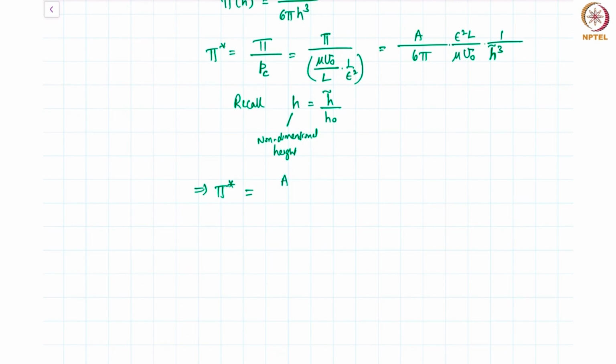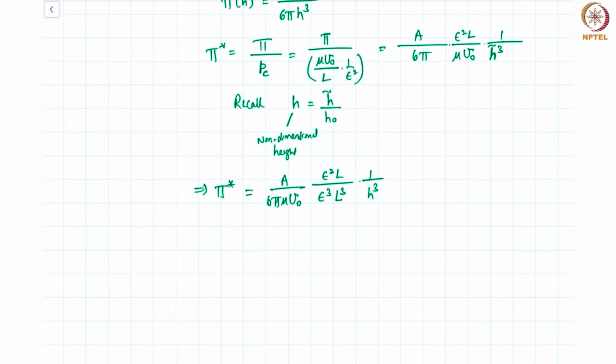Therefore, the non-dimensional expression for the disjoining pressure would be A by 6 pi mu u naught, with epsilon square L by epsilon cube L cube, times 1 by h cube.